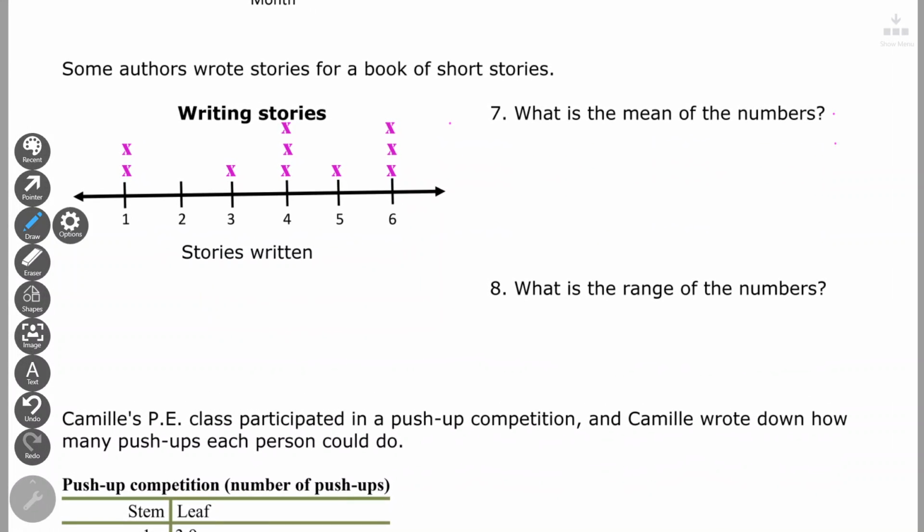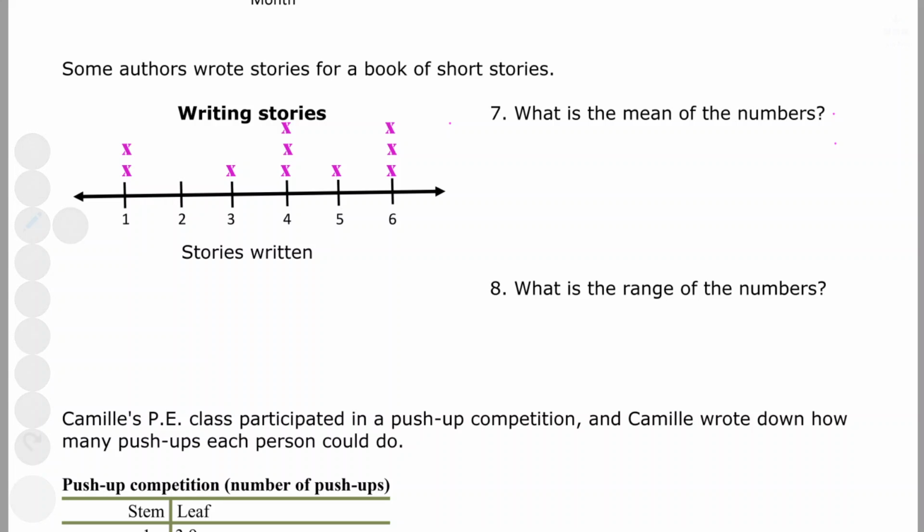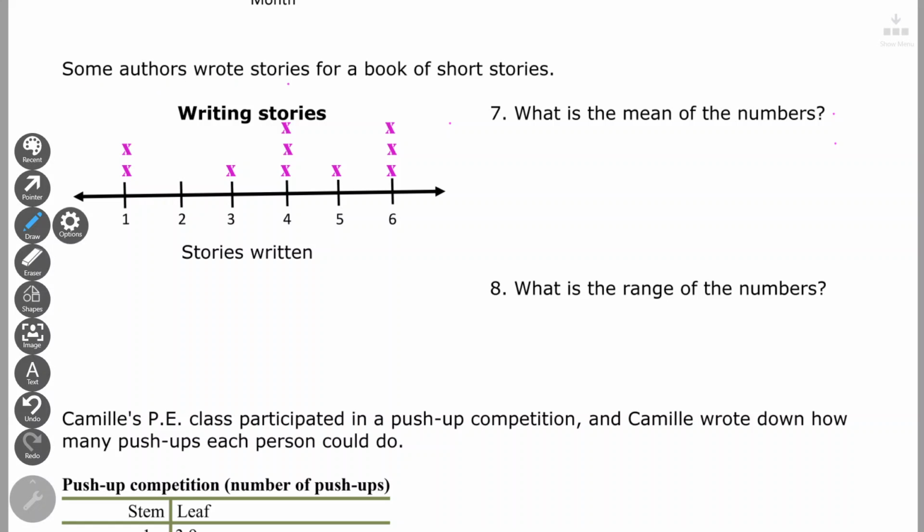In this next set of problems, we are going to look at this type of chart about writing stories. So what we can see is that each X represents that number one time. For example, it says some authors wrote stories for a book of short stories.